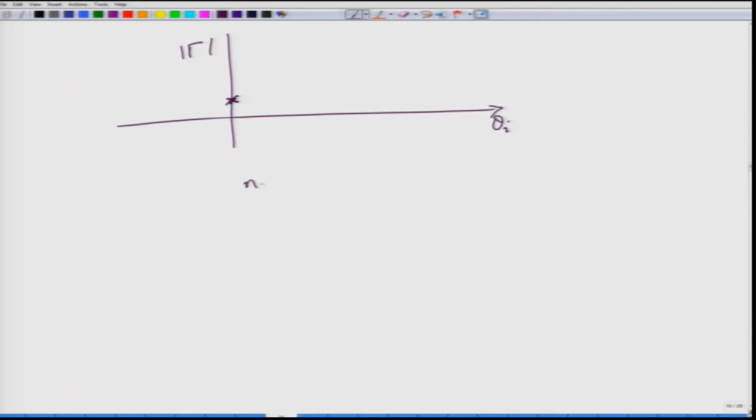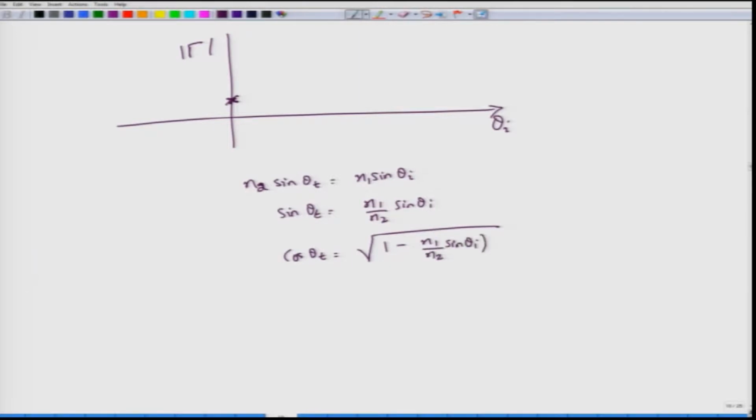So, we use Snell's law and write this as N2 sin theta t equals N1 sin theta I, which means sin theta t is N1 by N2 sin theta I, and therefore, cos theta t is equal to square root of 1 minus (N1 by N2 sin theta I) whole squared. Right. So, this is a simple trigonometric relationship between cosine and sine, and this is what you would actually have.